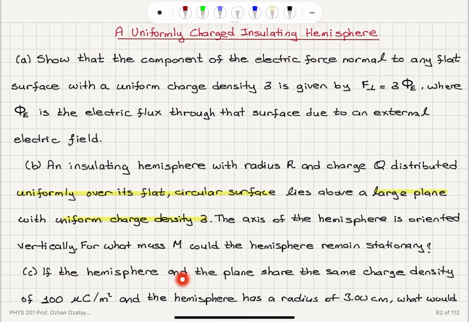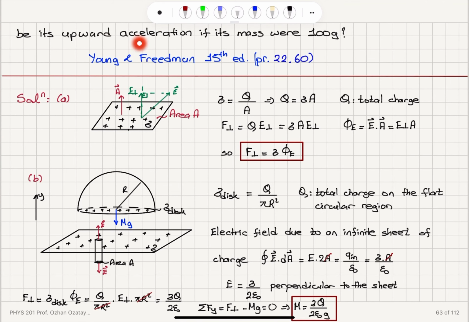If the hemisphere and the plane share the same charge density of 100 microcoulombs per meter squared. Now the sigma disk and sigma plane, the infinite plane, are the same, and the hemisphere has a radius of 3 centimeters. What would be its upward acceleration if its mass were 100 grams?